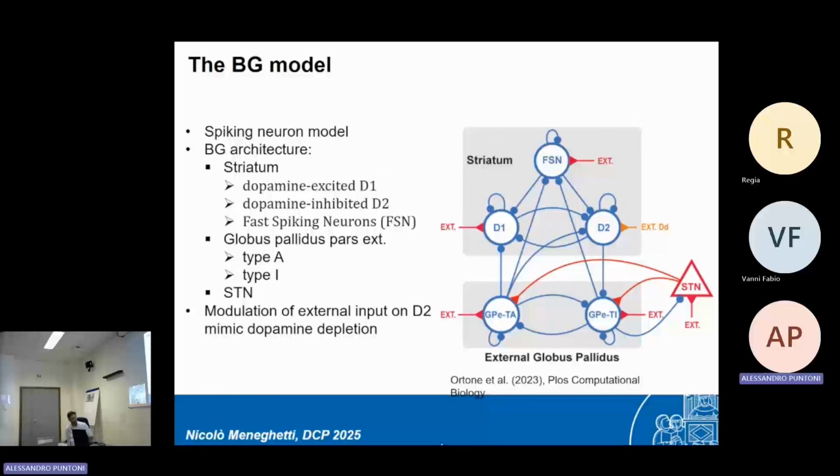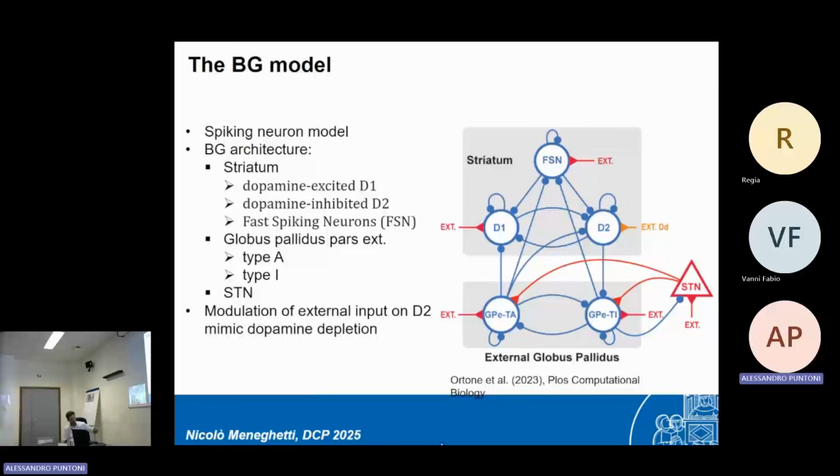Each one of them is subdivided into subpopulations: the fast spiking neurons and the D1 and D2 dopamine receptor neurons within the striatum, and the GPeA and the GPeI in the external globus pallidus, with low discharge rate and negligible striatal contribution for the former, and higher discharge rate and substantial striatal inputs for the GPeI. And then our STN, colored in red, is our only glutamatergic nucleus within the basal ganglia.